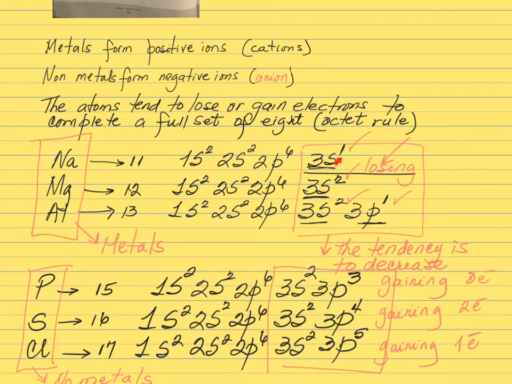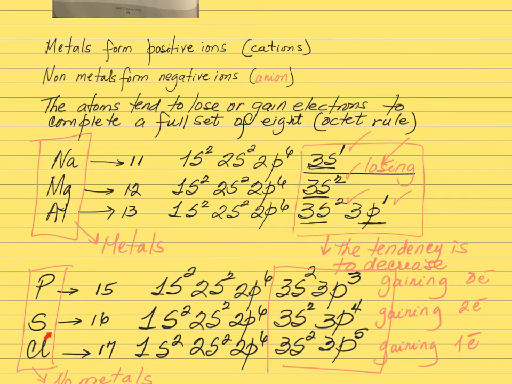If they need 8 on the last level of energy, for example for sodium, it's going to be easier to lose 1 than to accept 7. For magnesium, it's going to be easier to just lose 2 than to accept 6. And the same is going to happen with aluminum. It is going to be easier for it to let go of 3 than to accept 5.